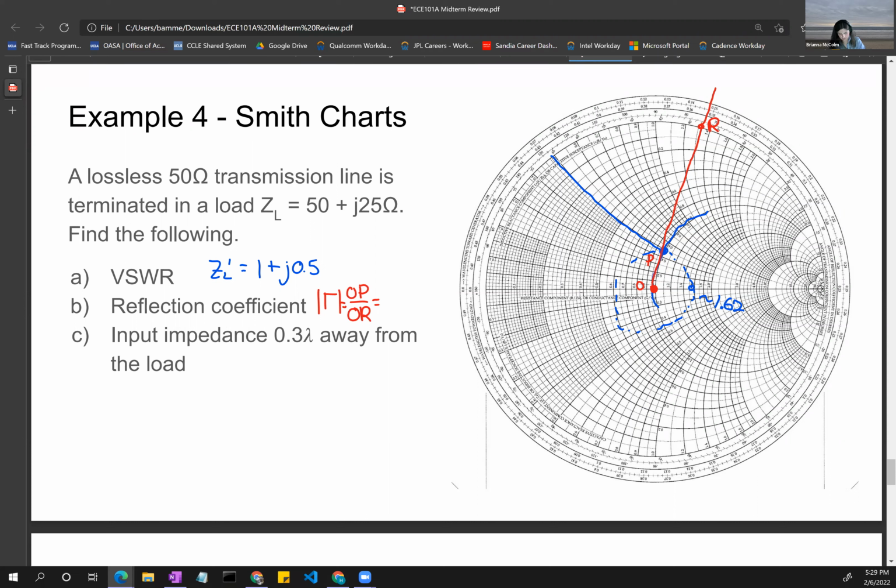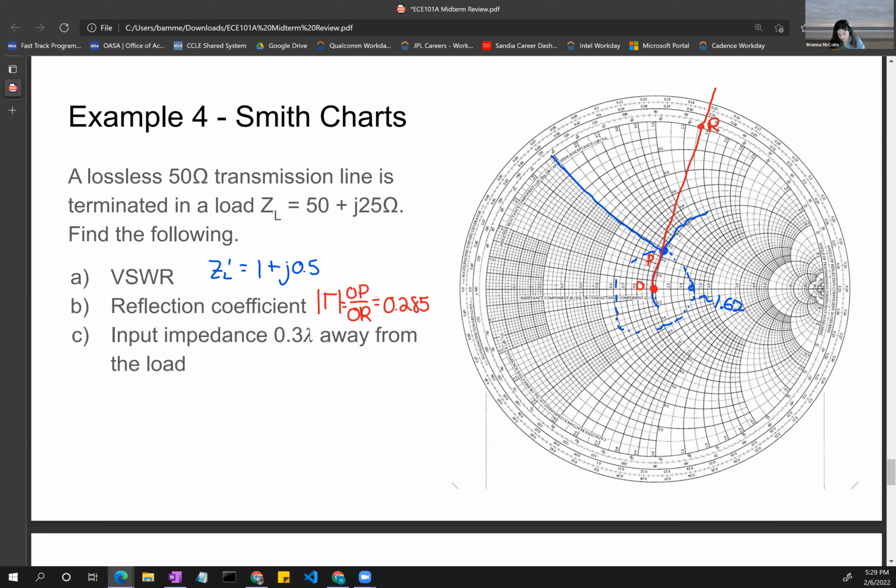Next, for a complex number, you need a magnitude and an angle. We found a magnitude and now we need an angle. This angle here is going to be read off of this portion here. It's the second layer of the outer ring. We can just read off this angle to be about 75 degrees.